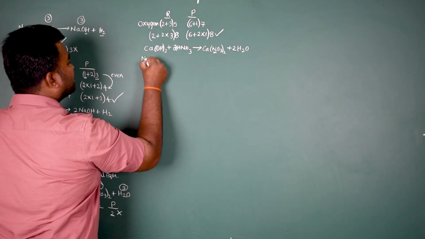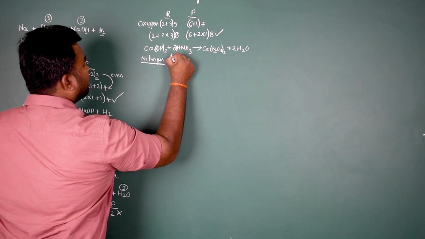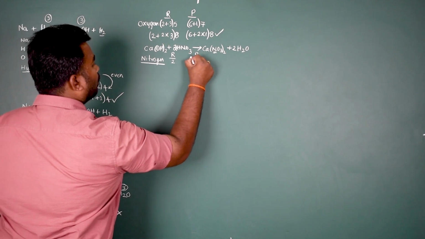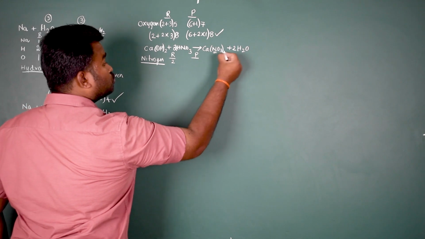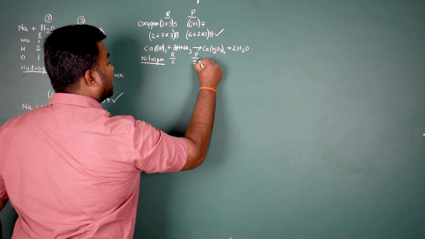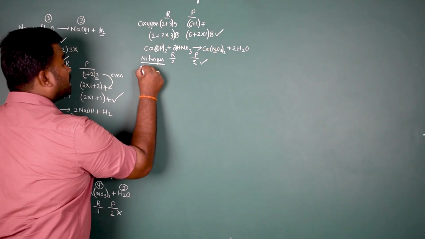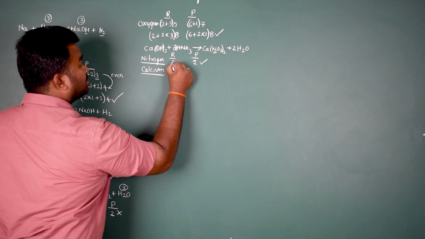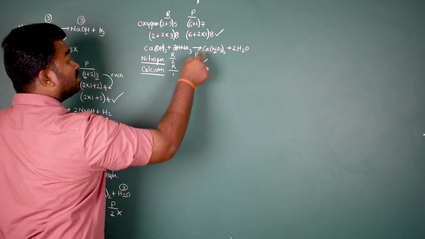So in balancing nitrogen, on the reactant side, I have in the new equation 2 nitrogens, whereas on the product side, in the bracket I have 1, so 1 into 2 is 2. Nitrogens are balanced, correct? Then how about calcium? On the reactant side I have 1 calcium, the product side is also 1.